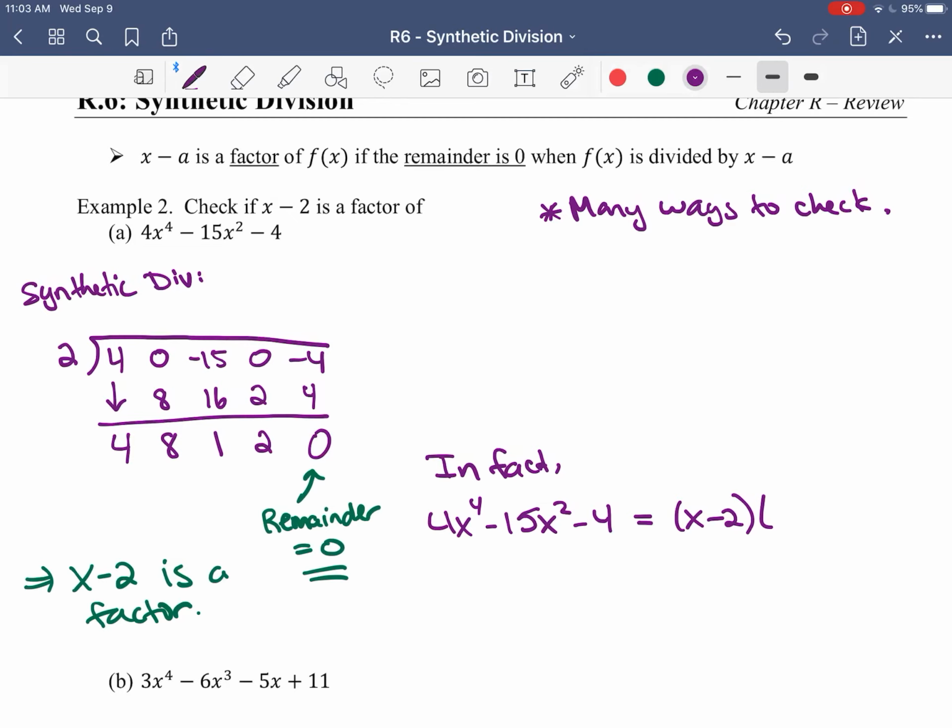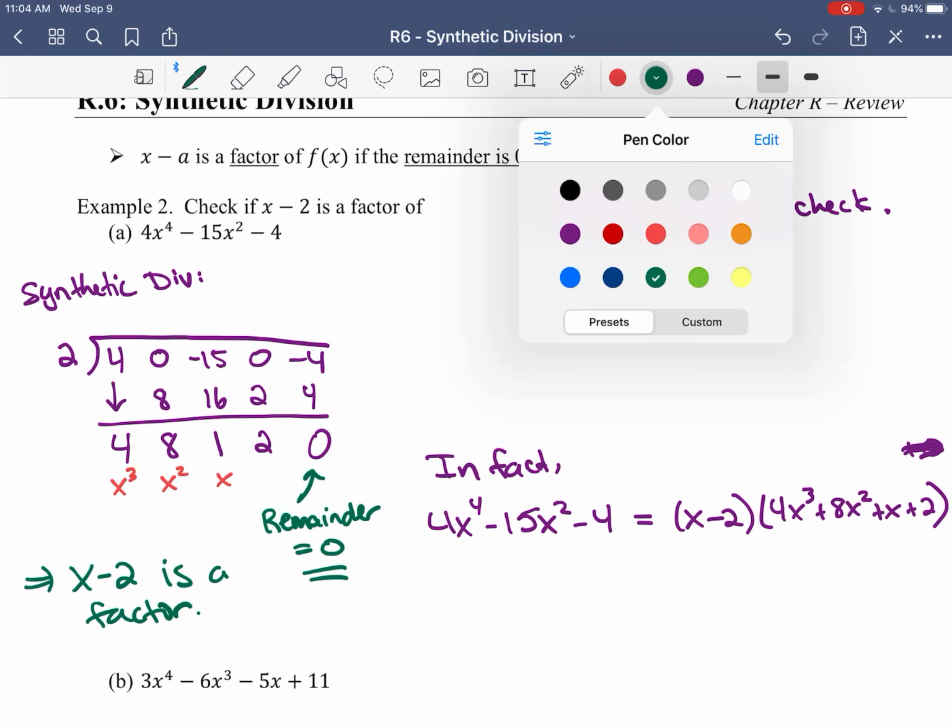To find the quotient, I use these, and the powers are 1 less than the original. So this is going to be the x cubed, the x squared, the x, and the constant. So my quotient is going to be 4x squared, not squared, sorry, cubed, plus 8x squared, plus x, plus 2. And then the remainder is 0. Technically there's a plus 0, but we don't actually need that. So you can see that x minus 2 divides this polynomial. If you expand this out, you'll get the original one back.